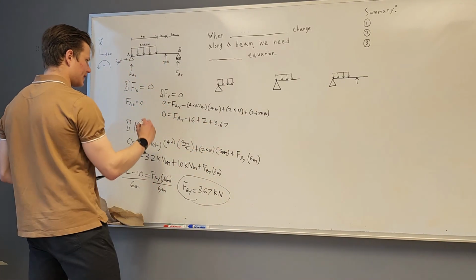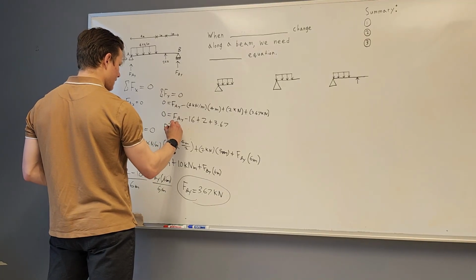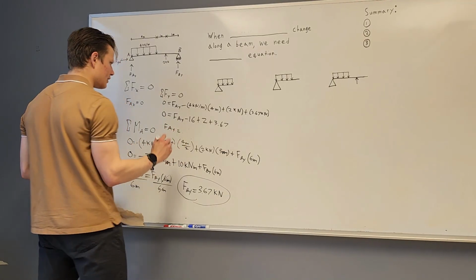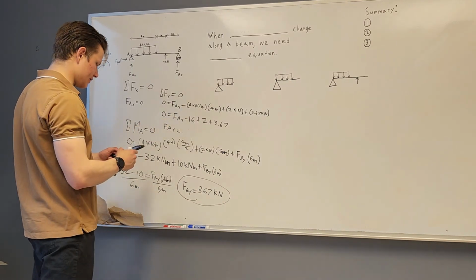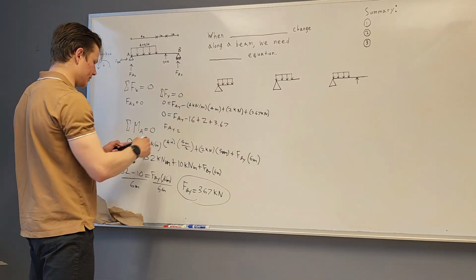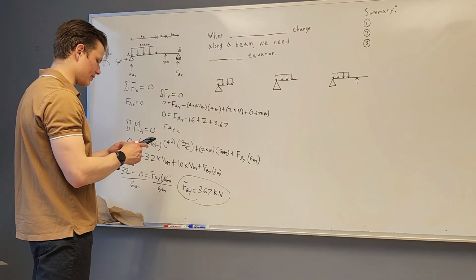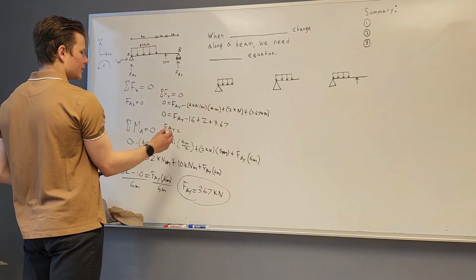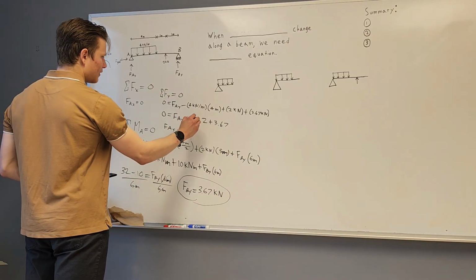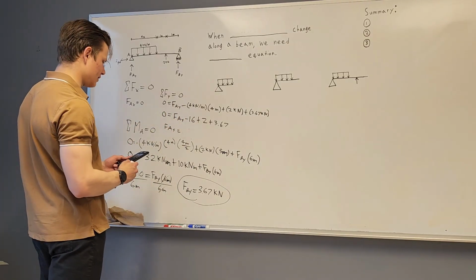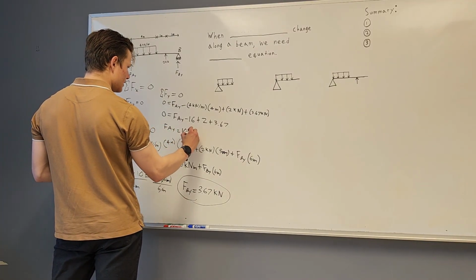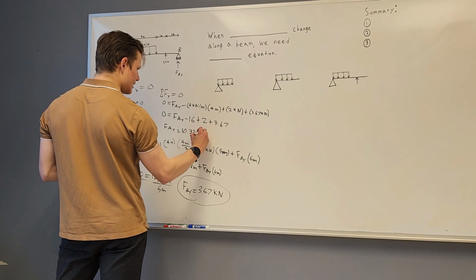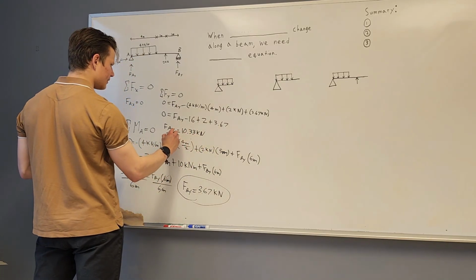Move everything to the other side, and we get FAY equals positive 16, take away 2, take away 3.67, because we're canceling out everything over here and moving it to the other side. And we get FAY equals 10.33 kilonewtons.